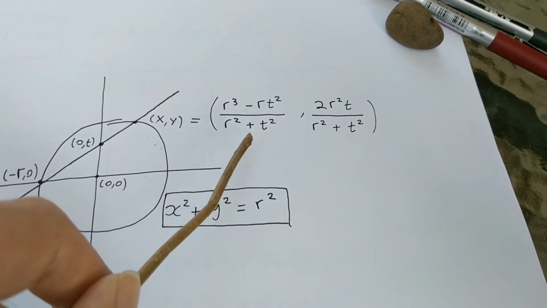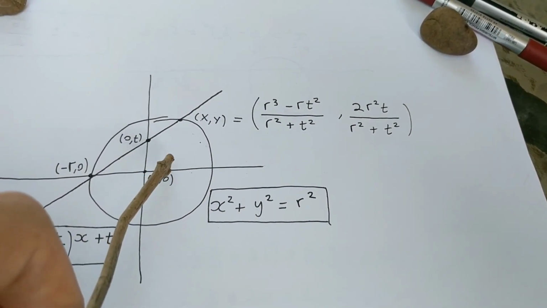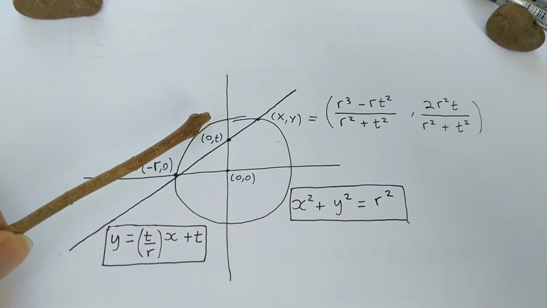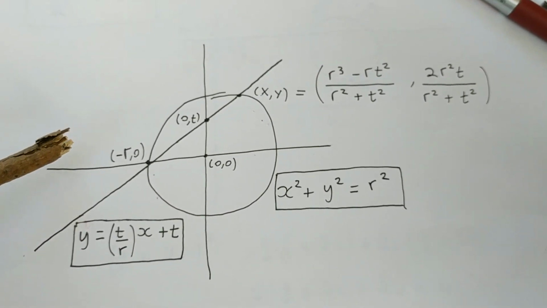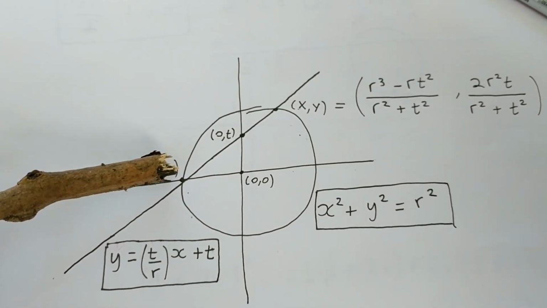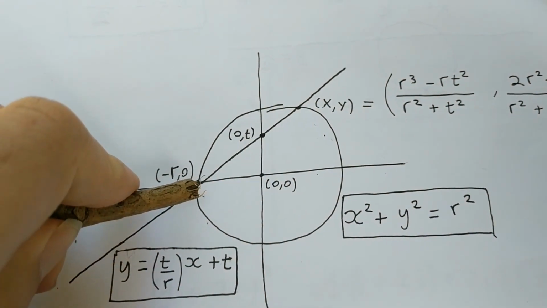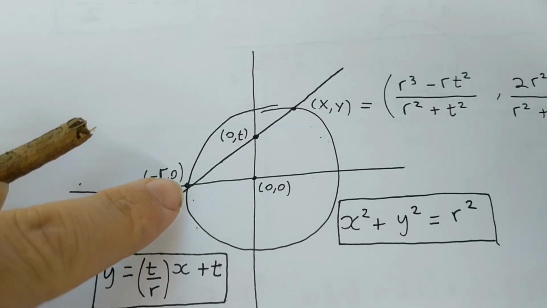So there's a sort of geometric reason behind this. Okay, so let's see if we can get towards proving this. We're going to have a fixed point here at minus r, 0, and that's obviously going to be a point on the circle.